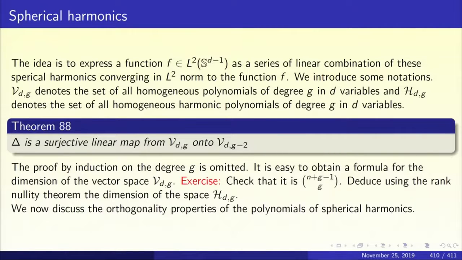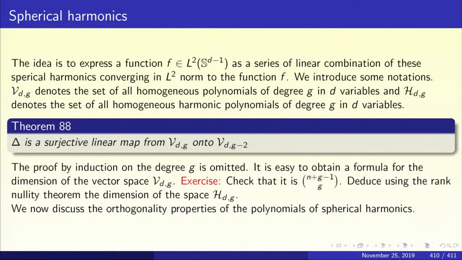Script V_d^g denotes the set of all homogeneous polynomials of degree g in d variables, and H_d^g is the set of all homogeneous harmonic polynomials of degree g in d variables. Clearly, V_d^g is a vector space and H_d^g is a vector space.